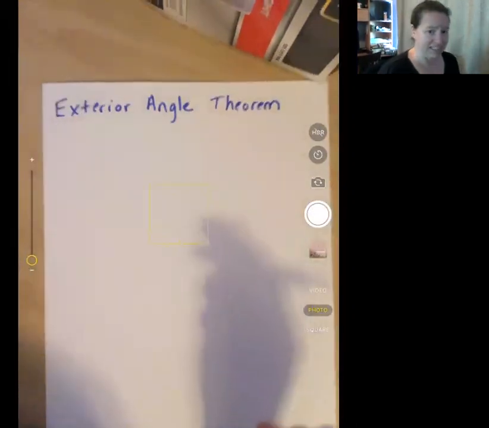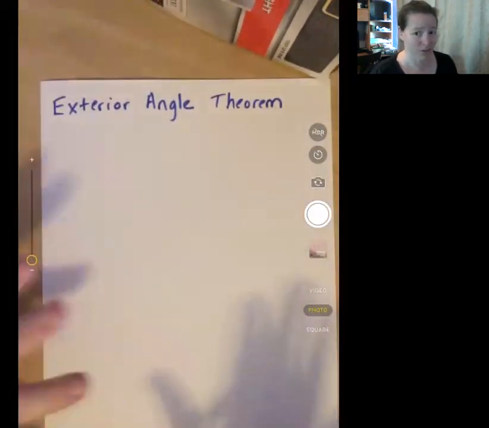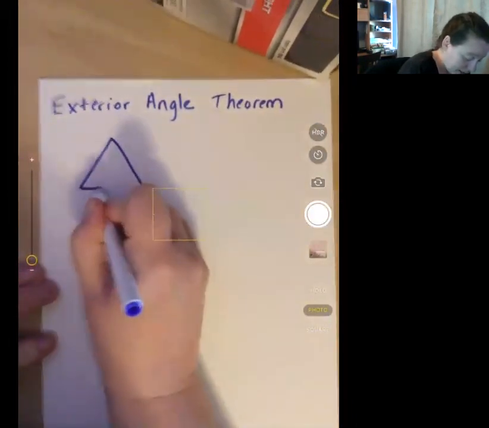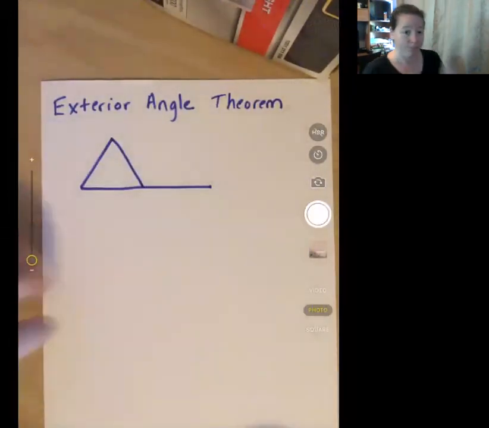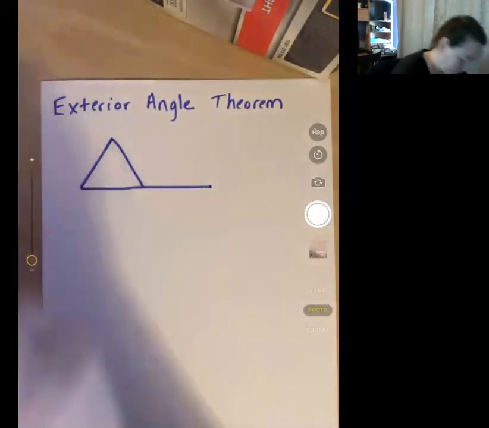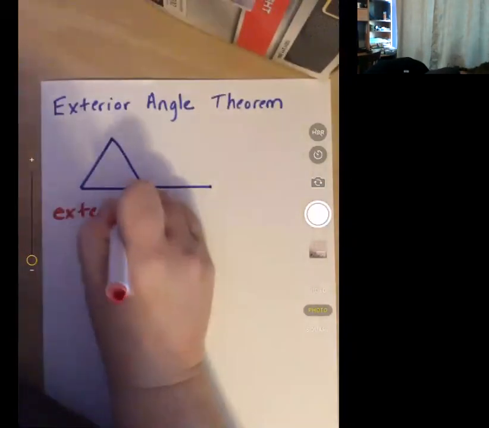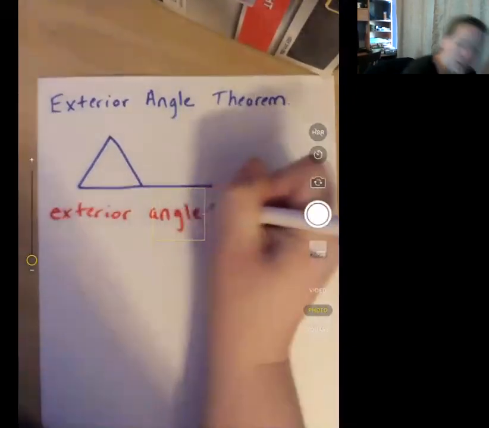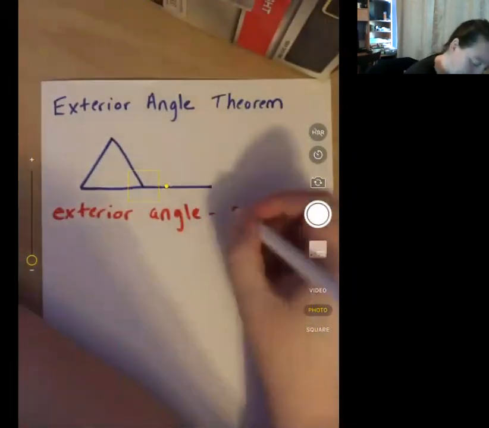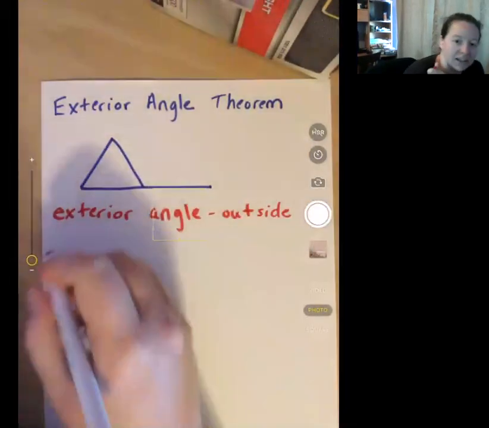Basically, let's do some definitions first, because this is full of definitions, and that's the only way that it works. I have an exterior angle. Exterior angle is outside the triangle.